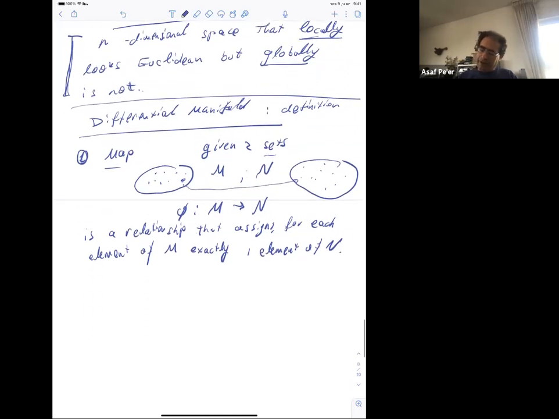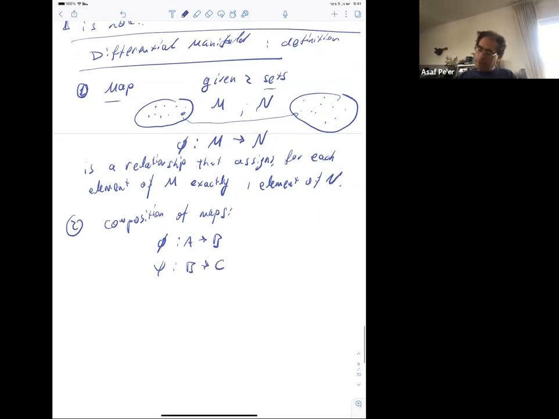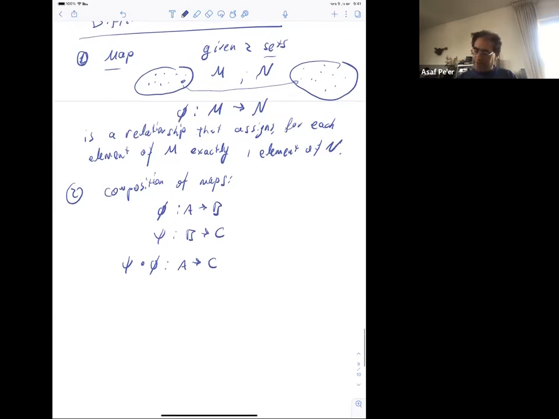Now we can think of a composition of maps. If we have two maps, phi from A to B and psi from B to C, then the composition will be psi of phi, which takes us from A to C. It is defined by psi dot phi operating on a, where a is an element in A, it's just psi of phi of a.